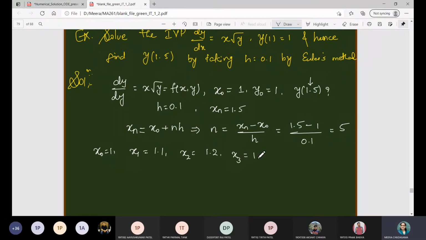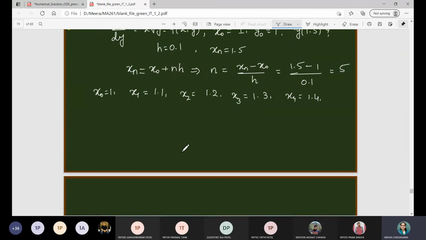Yes, very good. x3 will be 1.3 and x4 will be 1.4 and x5 will be 1.5, at which we want the value. But we will need up to x4, because when you compute y5, it will be in terms of y4 and x4. This is the last value which we require. So let us now consider the formula.